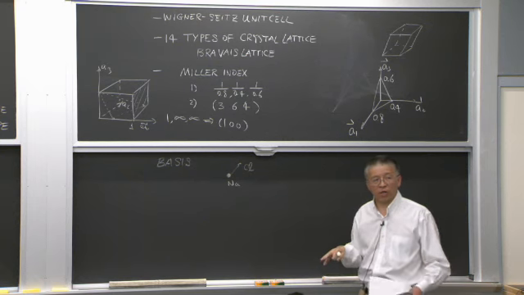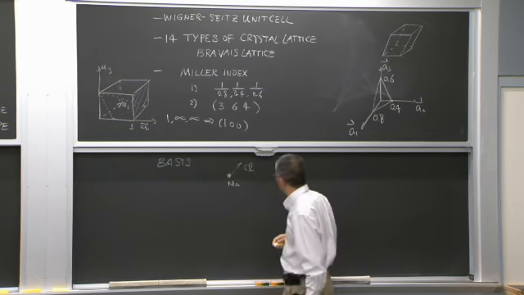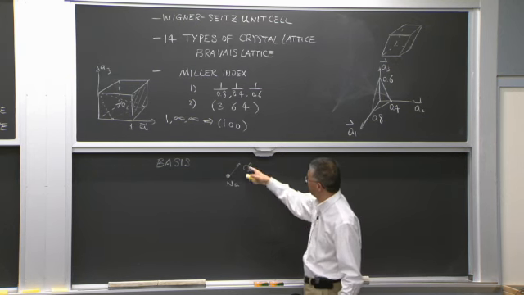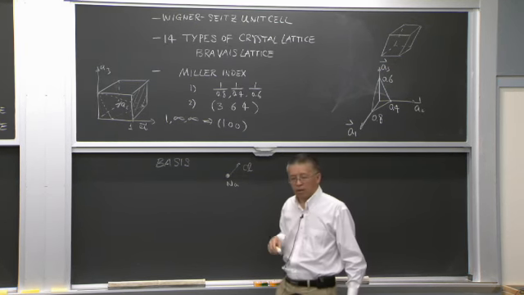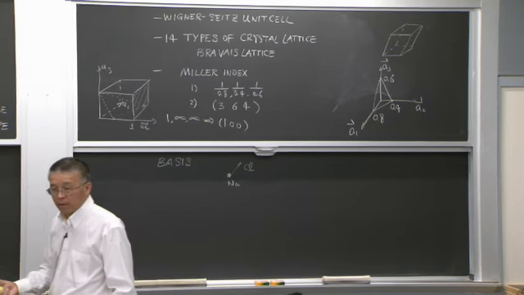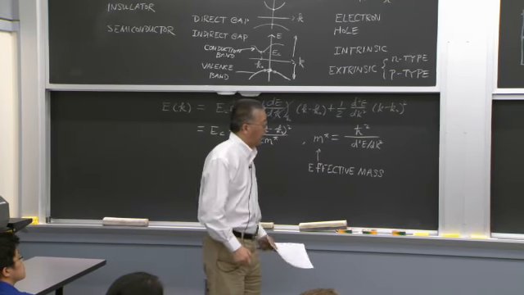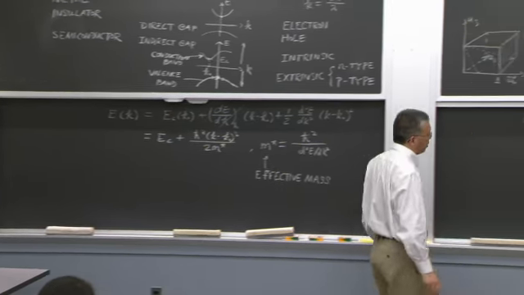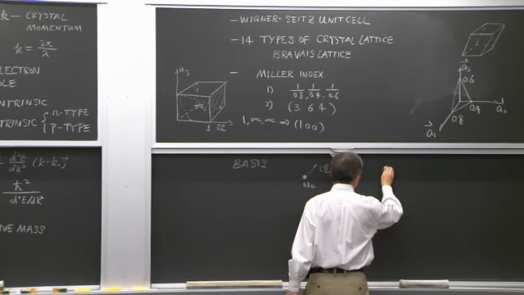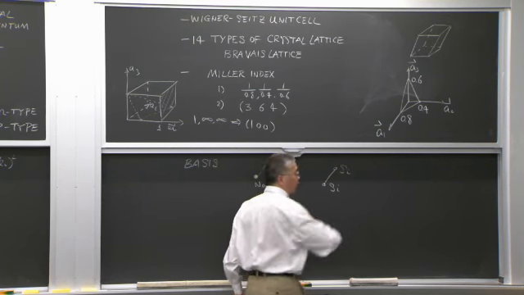This will become clearer later when we look at the computer. I can't draw very well, so I will rely on that. And similarly, in the silicon crystal, at each lattice point you put 2 silicon atoms.